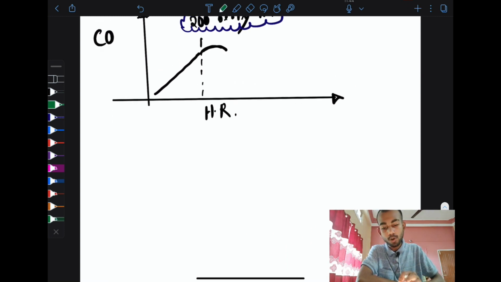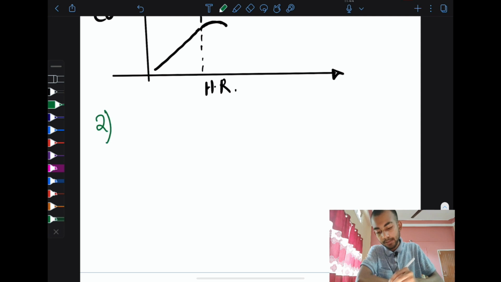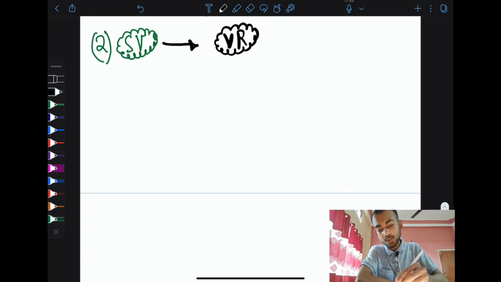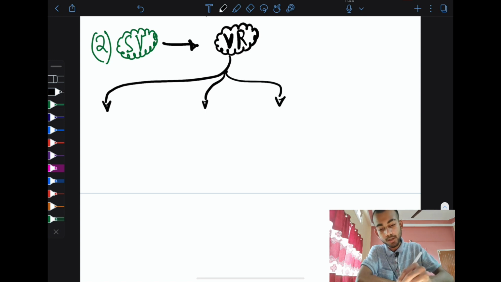Now let us move on to the next important aspect, that is upon which factors do the stroke volume depend. So the most important factor upon which the stroke volume depends is the venous return, right? And this venous return again depends on various other factors which can be listed in the form of a flow chart.